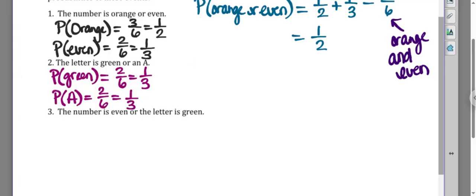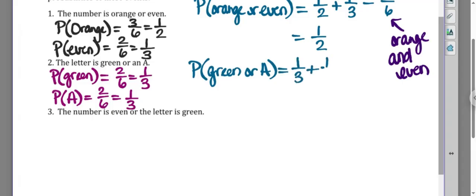So the probability that the letter is green or A is 1/3 plus 1/3 minus 1 out of the 6 that is both of those.